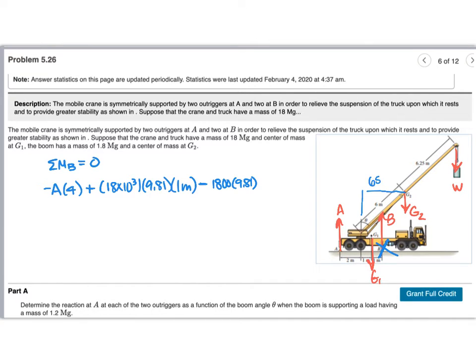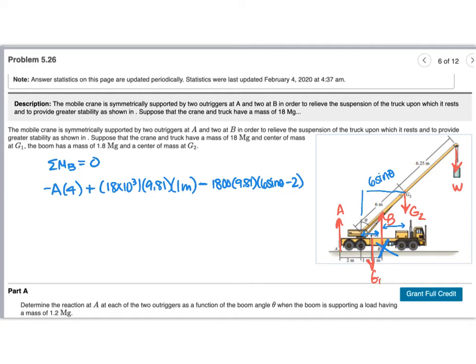Now for the distance of that one, if we look, this distance right here would be given by 6 sine theta, but then we'd have to subtract. We want to find the distance from B to G, which would be this minus this distance, which is 2. So it's 6 sine theta minus 2 is the distance from G to B, which is our rotation point.